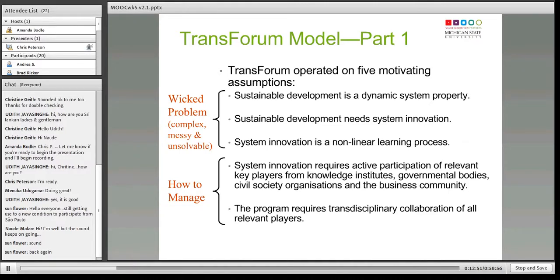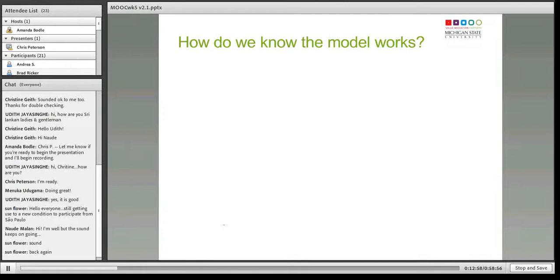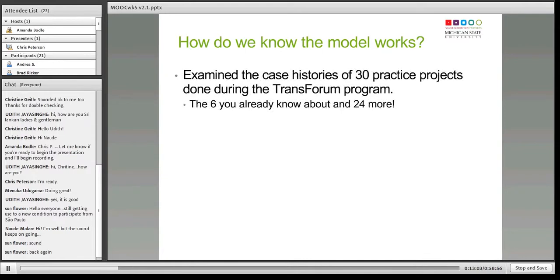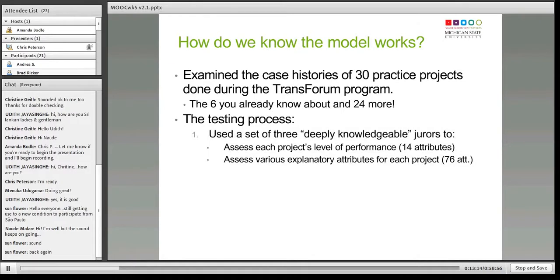So how do we know that this model works? Well, I've already indicated that we examined the case histories of 30 of these practice projects that were done during the Transforum program. And essentially what we did is we used a set of 3 deeply knowledgeable jurors about each of the projects.